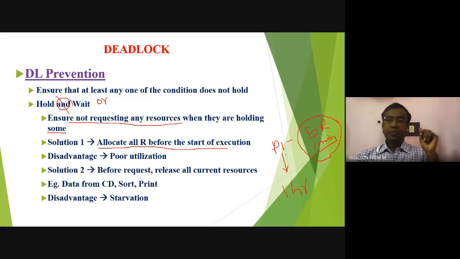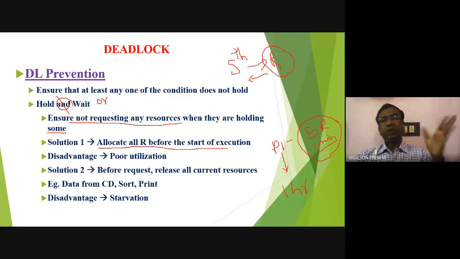If I allow resources only when needed, say at the fifth minute P1 wants R1, and R1 is allocated at that time, then R1 can be used by other processes for the remaining time. Like that, R2, R3. Whenever required, if you allocate, the remaining time other processes can use it.